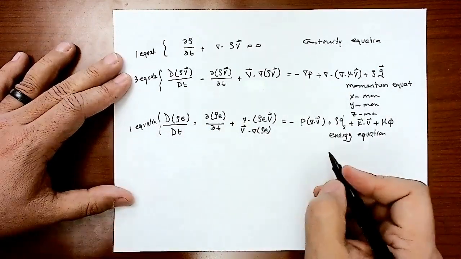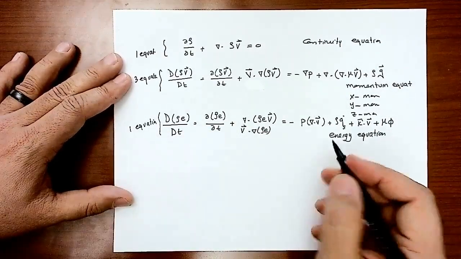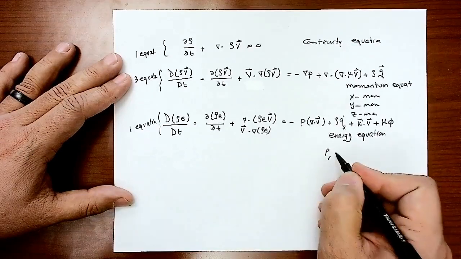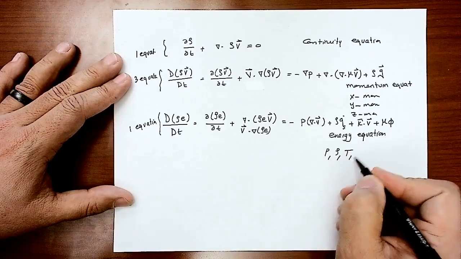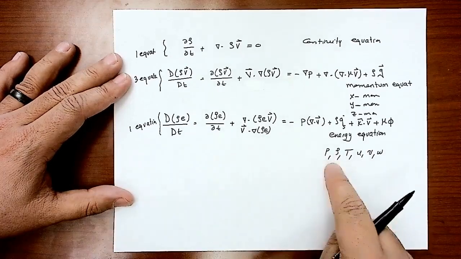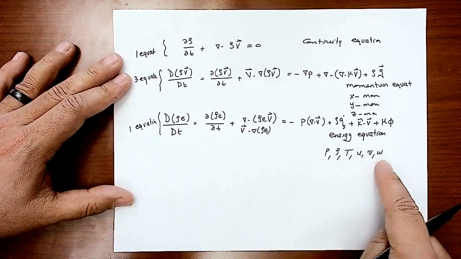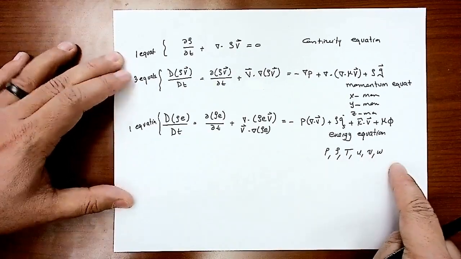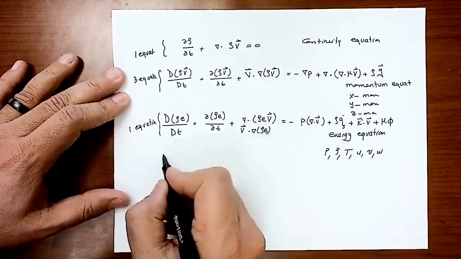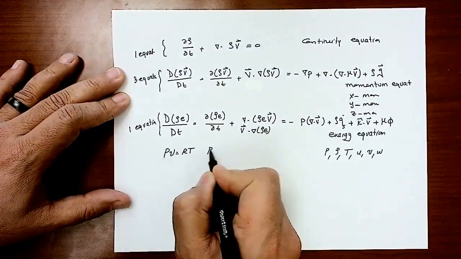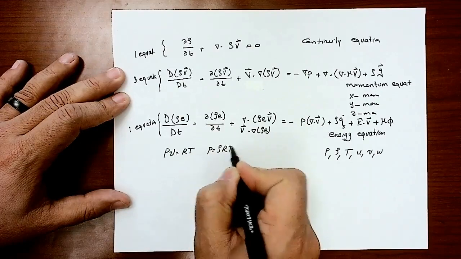We are studying the conservation laws to calculate pressure, right? Density, temperature, U, V, and W. So we are getting the pressure, density, temperature, and the 3 components of the velocity. These are 6 unknowns, and we have 3, 4, 5 equations. So the missing one is the equation of state, which is PV equals RT, or P equals rho RT, whatever you like to write.